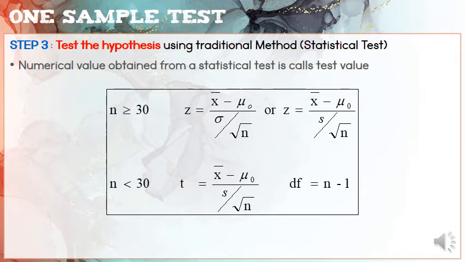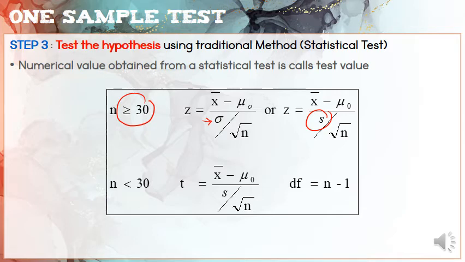So, kalau you ada N greater than or equal to 30, okay, you cari Z sama dengan X bar minus mu naught bahagi dengan your standard error. Bila masa pakai sigma, bila the population variance is known ataupun population standard deviation is known. Soalan bagi tahu population variance or population standard deviation.